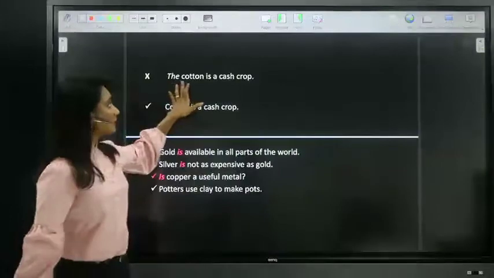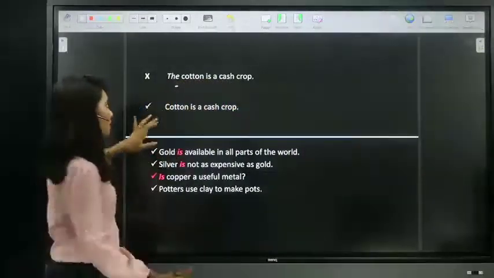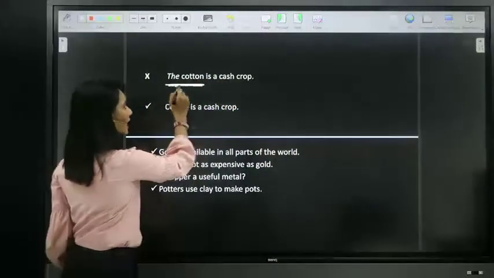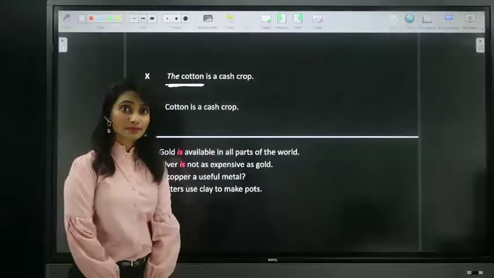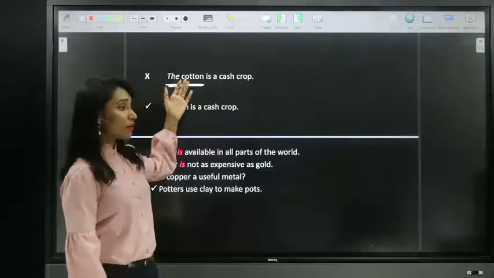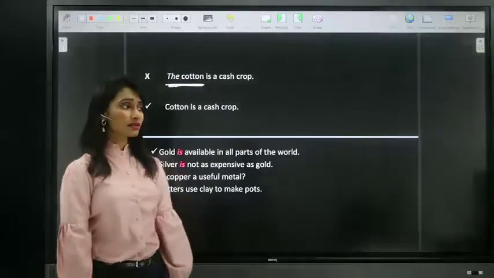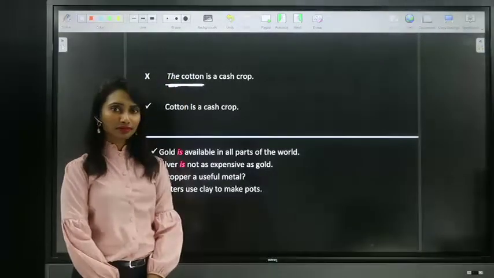Look at this. The cotton is a cash crop. What type of noun is cotton? Anyone?